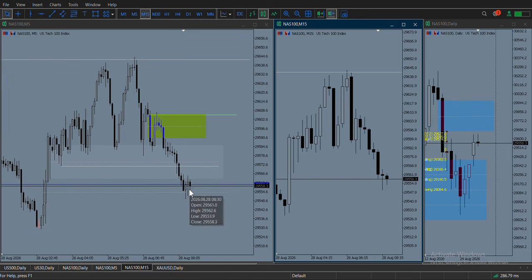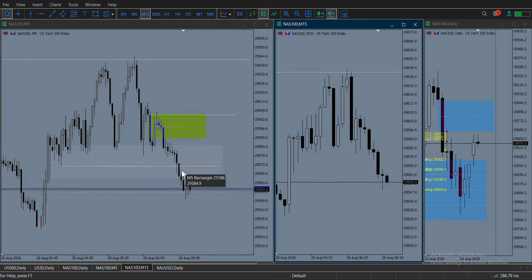If we're going to be buying, I don't see an opportunity for buys here unless we start trading back into inefficiency and trade on the upper portion of that inefficiency there. Otherwise, right now everything here is bearish.